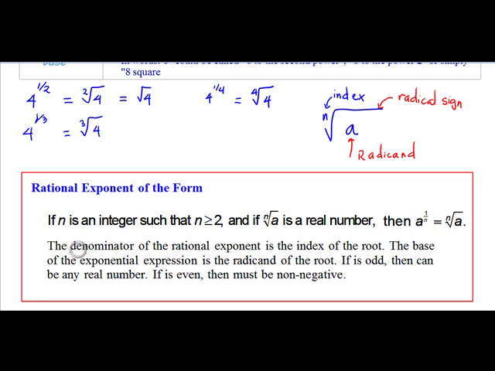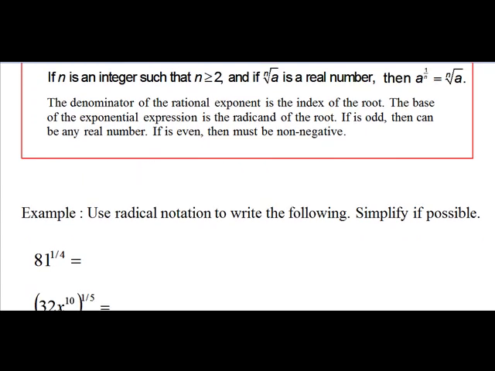So remember, the denominator of the rational exponent is the index. Now, if n is an even number, then a cannot be negative. If n is an odd number, then a can be any number, positive or negative. Let me show you some examples.